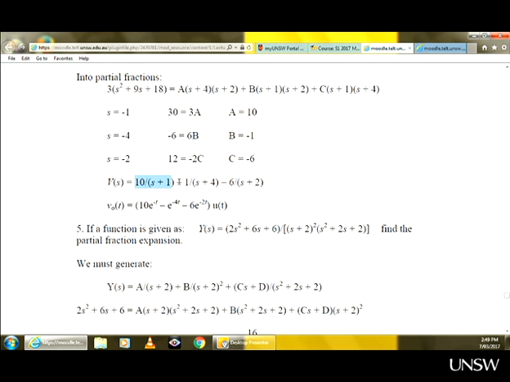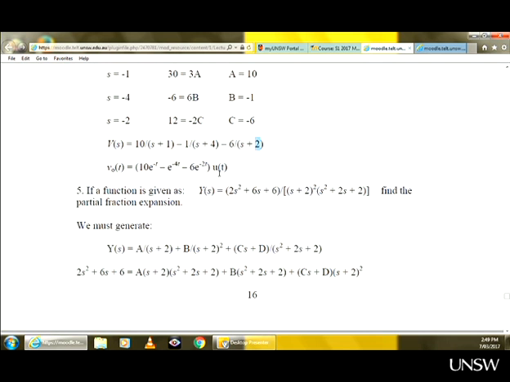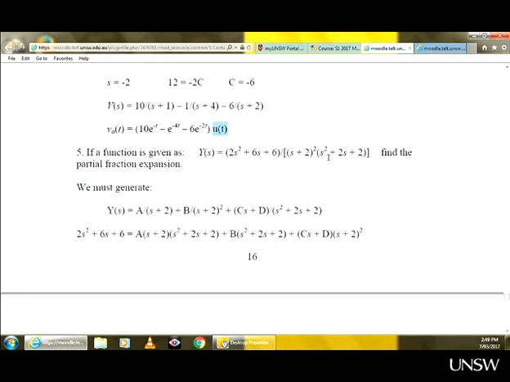The second term is minus e to the minus 4t, because you have 4 here. And the third term is minus 6 e to the minus 2t, because of the coefficient 2 here. Everything multiplied by u of t, I explained that last time.